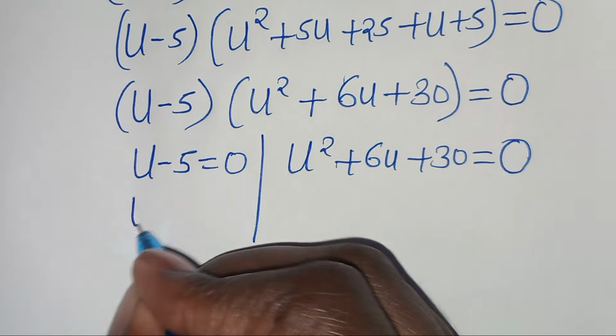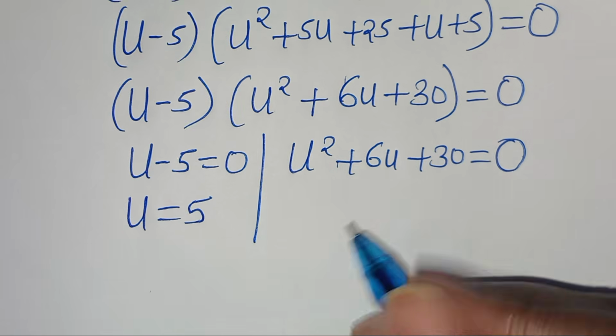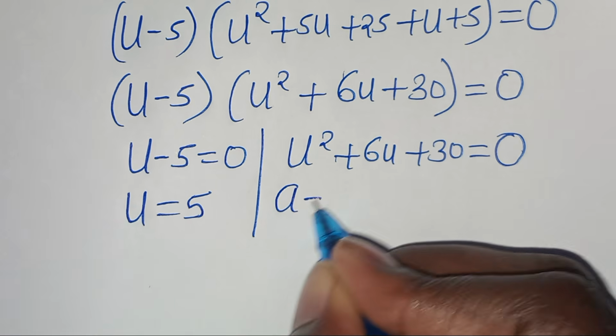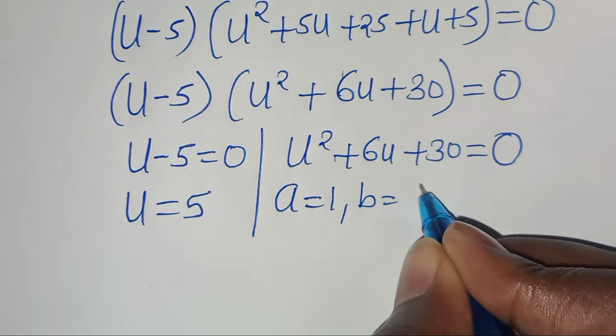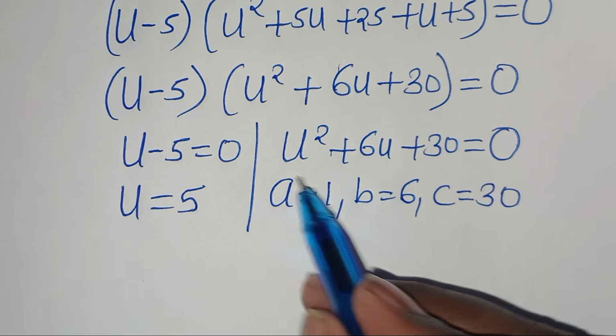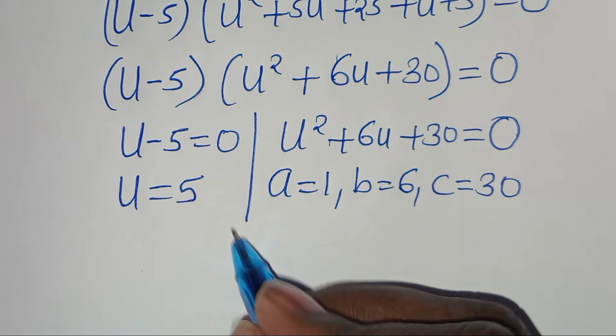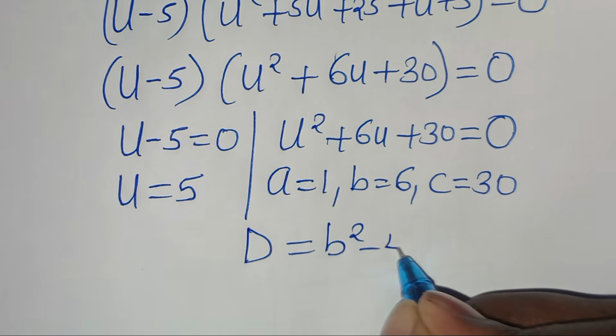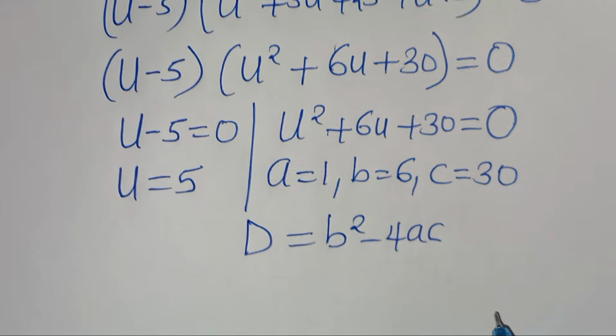Now we have that u is equal to 5. And the second part, this is the quadratic equation. We have that A is equal to 1, B is equal to 6, and C is equal to 30. So let's assess the nature of the roots of this quadratic equation by determining the discriminant value, which is b squared minus 4ac.